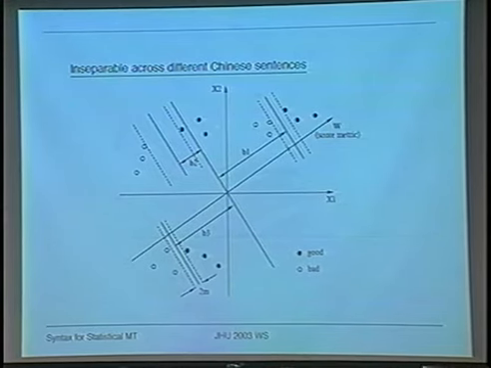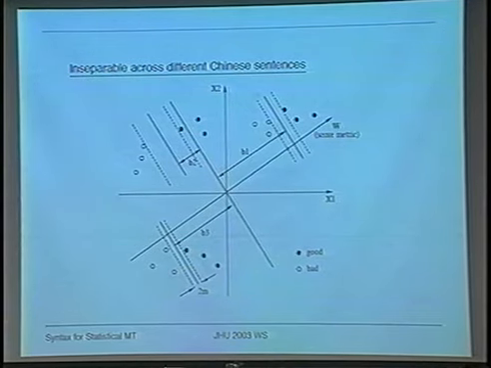Those are translations for the second Chinese sentence, the third, and so on. Black dots represent the good translations, and white dots represent bad translations. Obviously, we are unable to find a single hyperplane that could successfully separate all the black points and all the white points. However, we can find a set of parallel hyperplanes that could successfully separate good and bad translations for each set of translations.